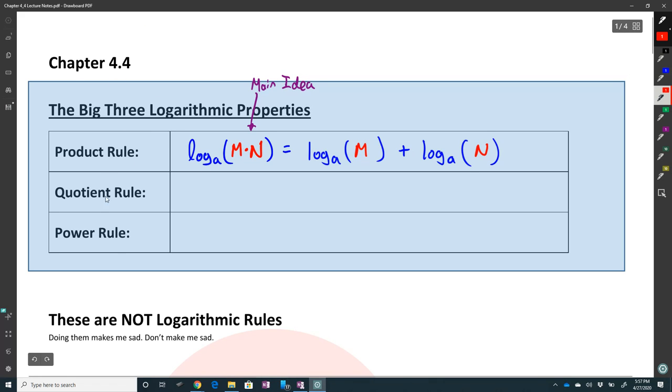So if multiplication is the main idea, you can split it up with addition. The first part of the product goes in one log. The second part of the product goes in the other log.